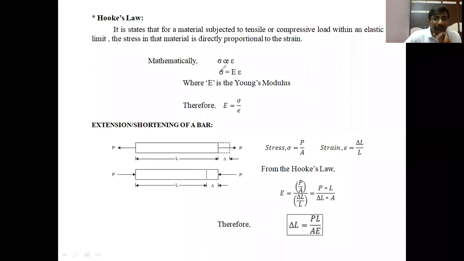With the proportionality constant, sigma is equal to E into epsilon. E is the Young's modulus or modulus of elasticity, which is the proportionality constant. Therefore, from the above diagram, we can write that the Young's modulus or modulus of elasticity is the ratio of linear stress to linear strain, sigma by epsilon.